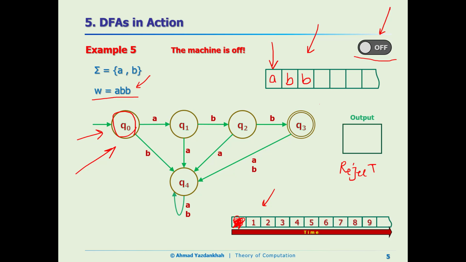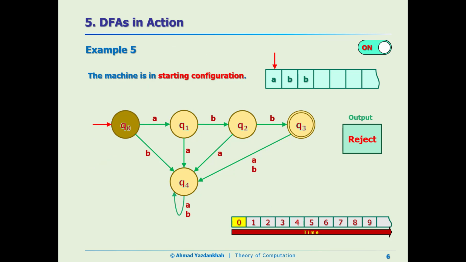Okay, this is the starting point. From now on, what would happen? On the first time frame, the first symbol will be read and sent to the transition graph. Based on the transition logic, the transition graph will decide whether to go this way or this way.